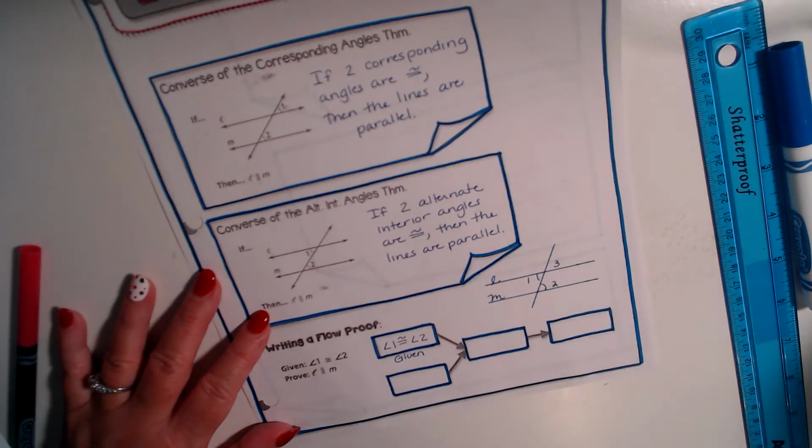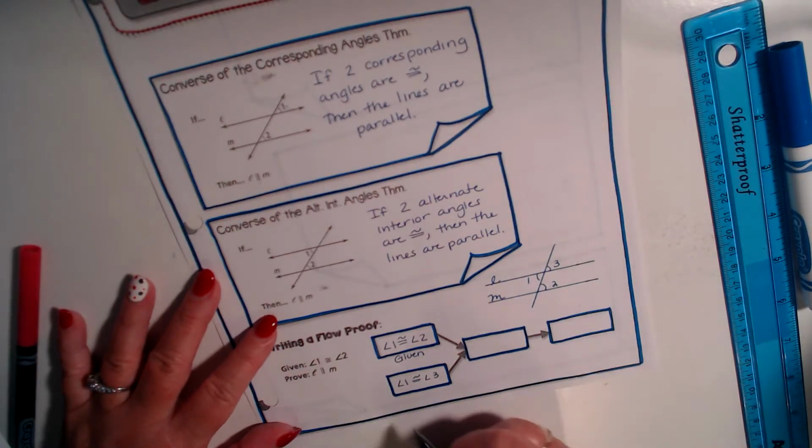Those are also congruent. Do you remember why? So we're going to put angle 1 is congruent to angle 3. And if you remembered that those are congruent because they're vertical angles, then you are absolutely right. Vertical angles are always congruent.